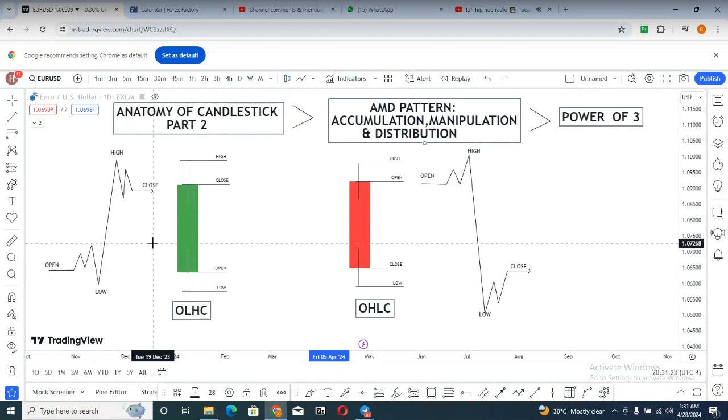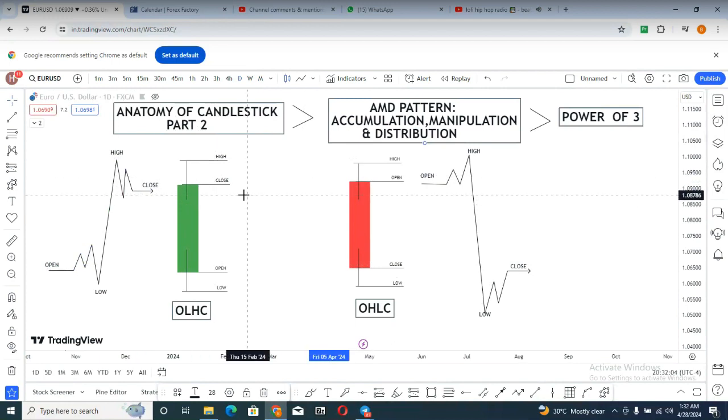No matter the kind of strategy that you'll be working with, be it SMC, be it ICT, be it supply and demand, be it using indicators, using all sorts of algorithms, this is how price opens, creates a low, creates a high, and closes, and that's how it happens on every time frame.